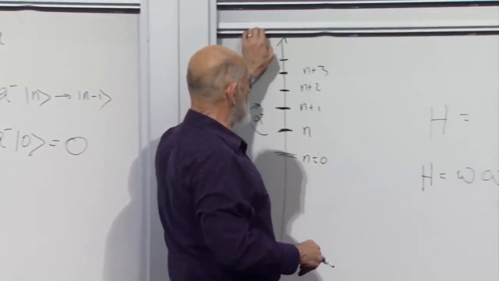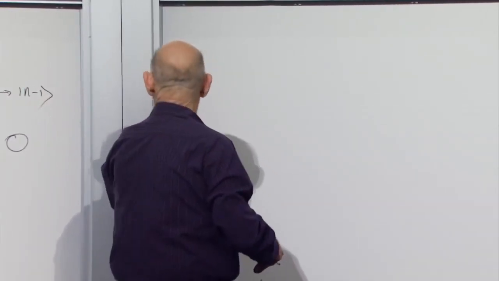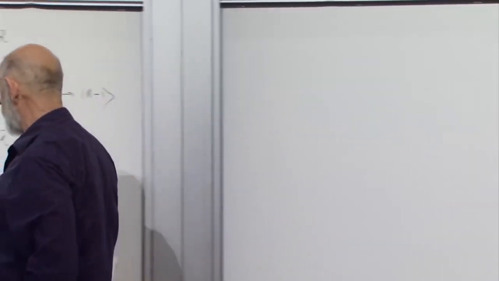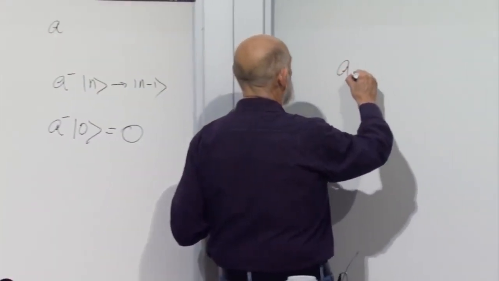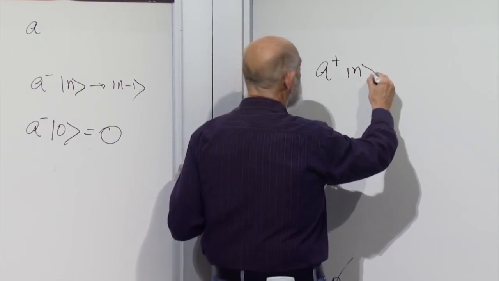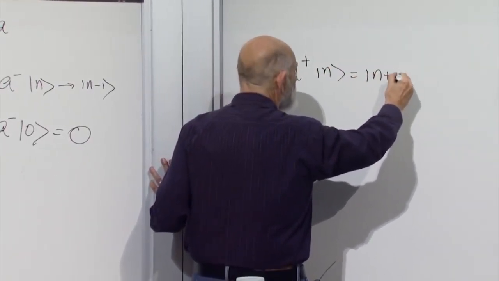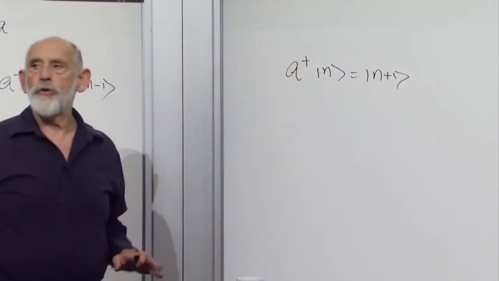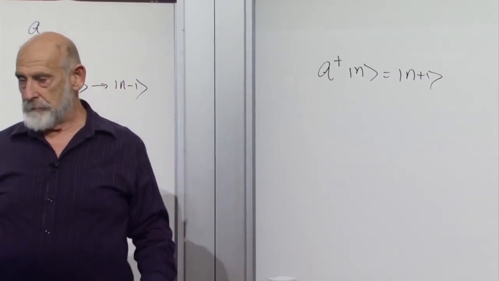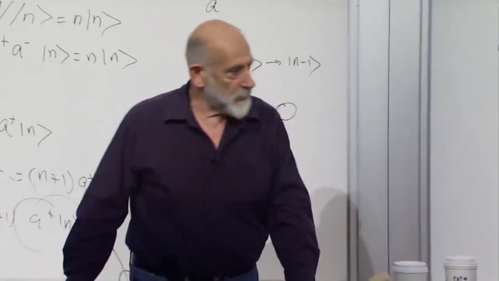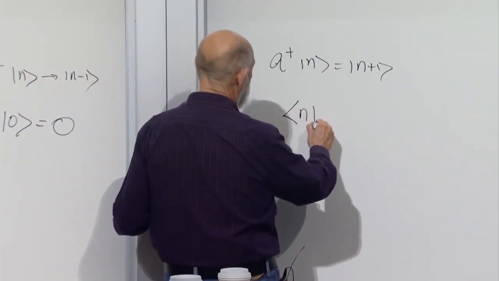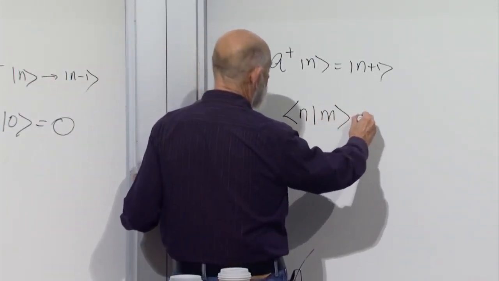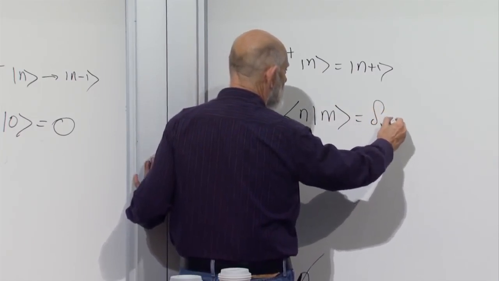Okay, so let's be careful. I've been a little bit careless. I've written that a plus on n is equal to n plus 1. But I haven't discussed the normalization of these states. The normalization of these states is not nm equals delta nm.